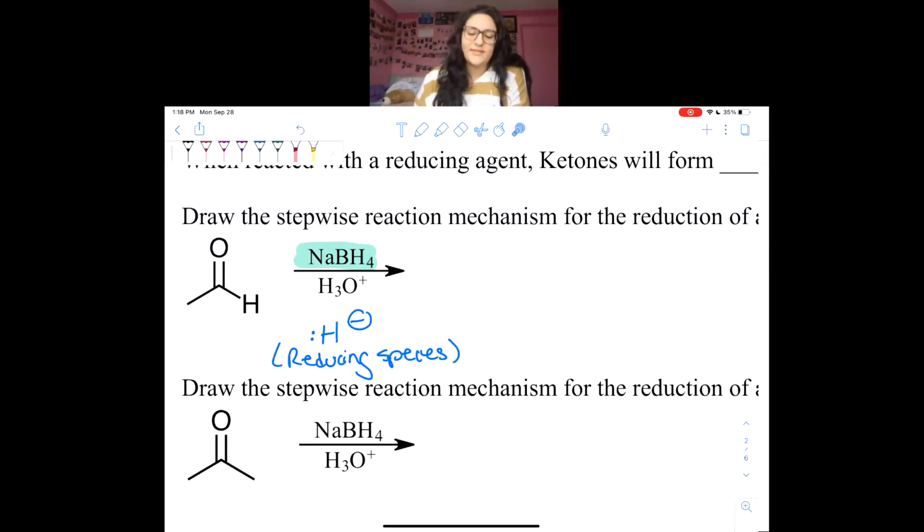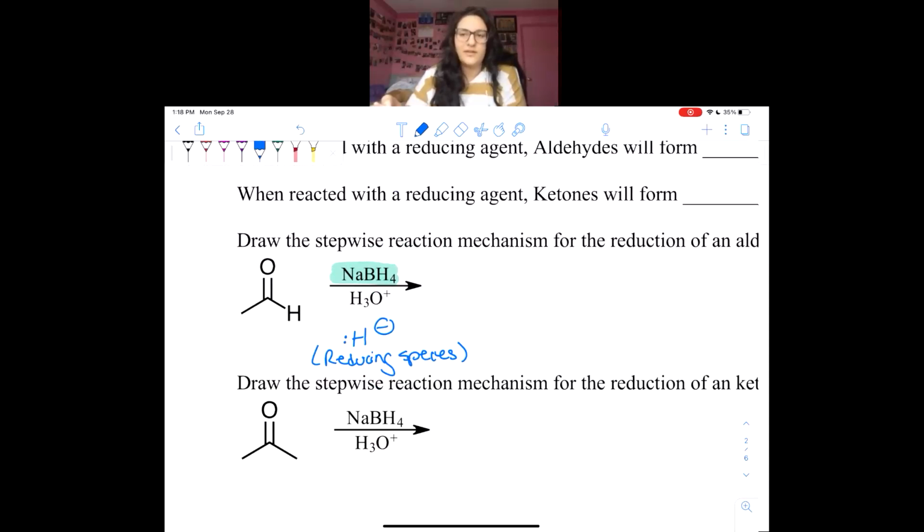And the reason H- is important and kind of separate is because that is what will do the attacking. I'll actually draw it this way just to be prettier. So the nucleophile is H minus, and when it attacks the carbonyl, the electrons are going to go up to the oxygen.